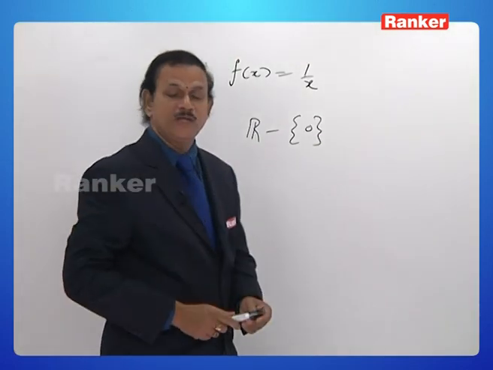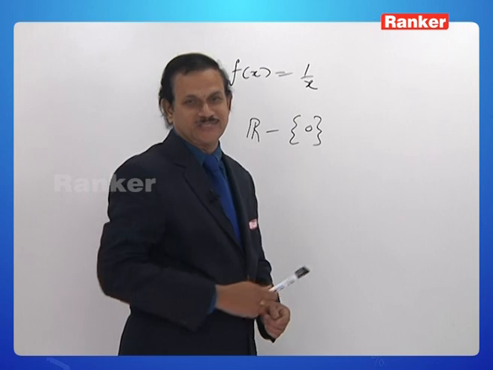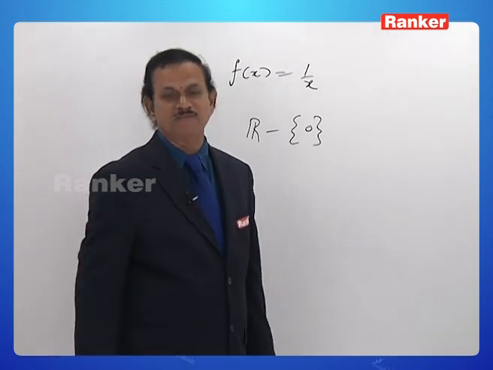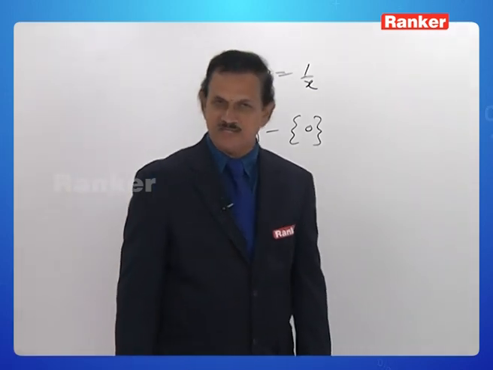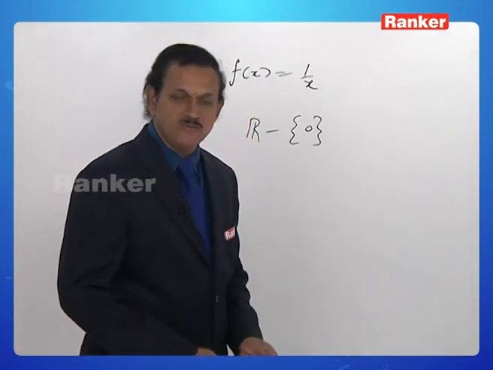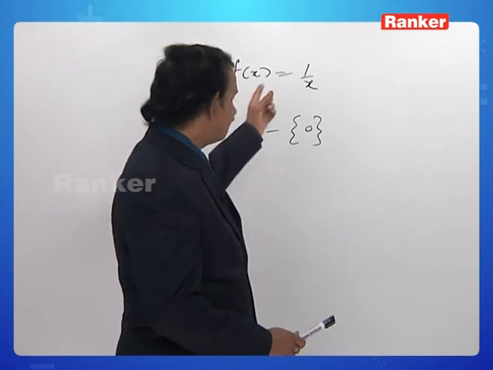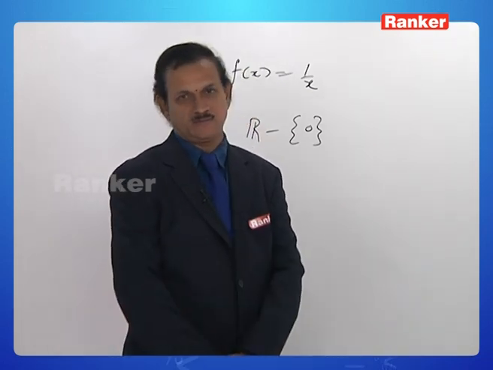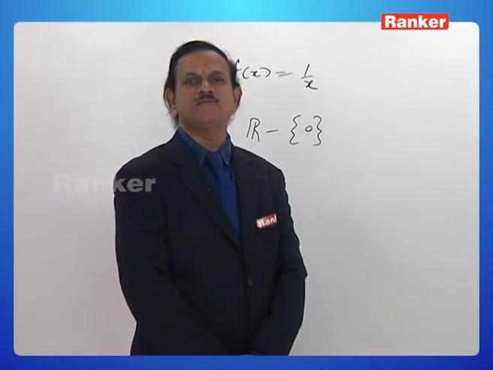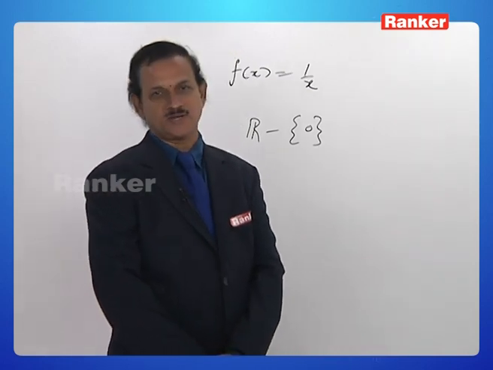We notice this particular set is the domain of the function. Thereby, we can understand that the set of all those real numbers for which f(x) is defined properly, conveniently, without any trouble, is nothing but the domain of the function.